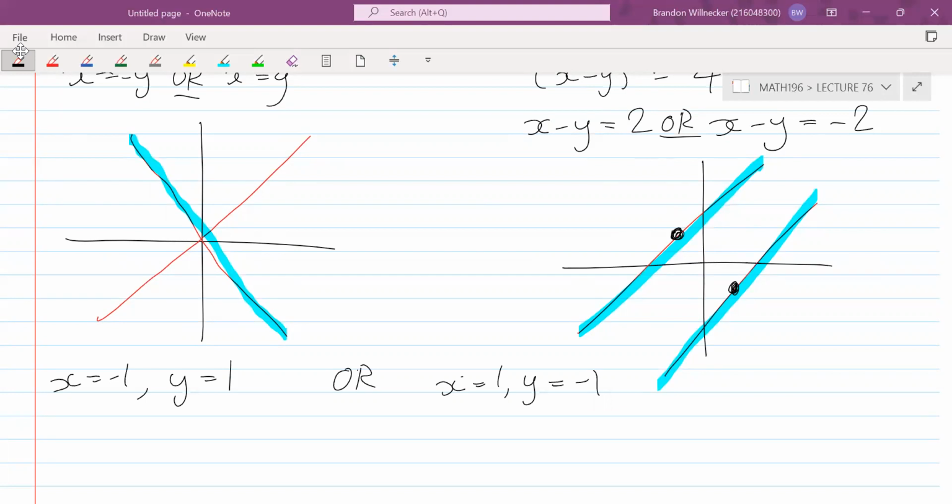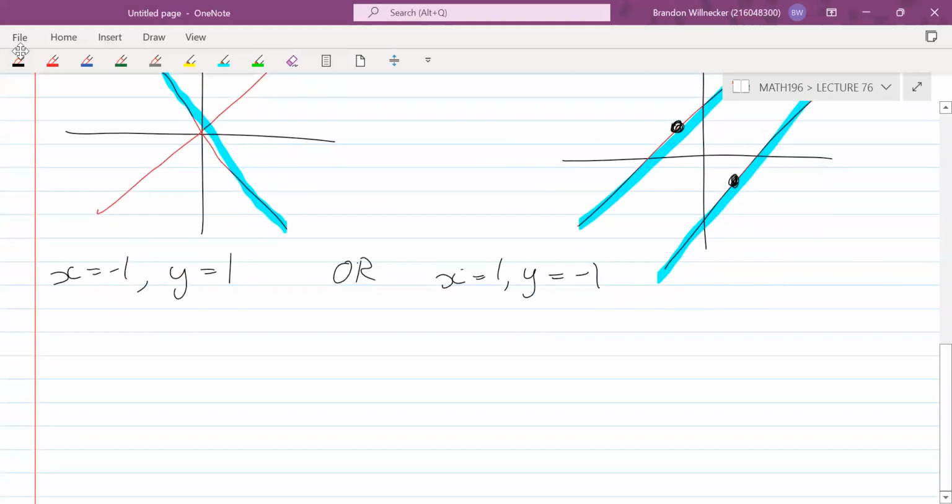For this first intersection point, remember x corresponds to the real part, y corresponds to the imaginary part. So we can write this as z is equal to minus 1 plus i. That's our first solution.